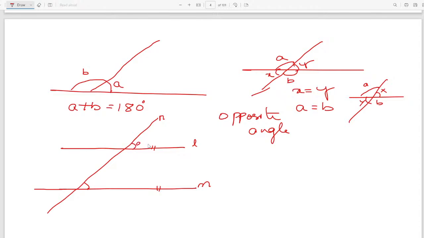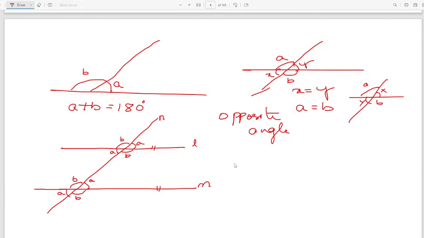Let's take it as A. And let this be B. So this angle would also be equal to B. This angle is equal to this angle. And then this angle will also be B. This angle will also be A because they are opposite angles. And similarly here, B should be B. This will be A. I hope this is clear.